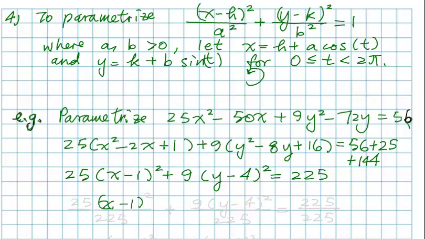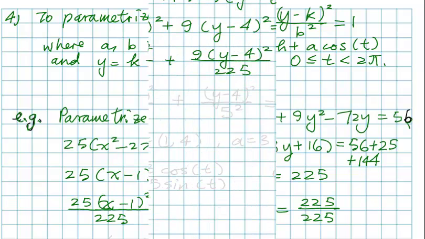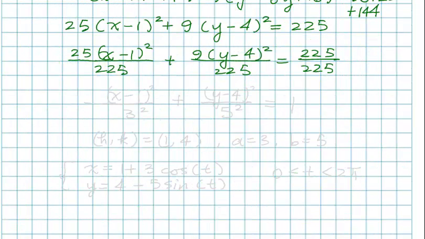We have x minus 1 squared times 25 divided by 225 plus 9 times y minus 4 squared over 225 equals 225 over 225. After that, we simplify to get x minus 1 squared over 3 squared plus y minus 4 squared over 5 squared equals 1.